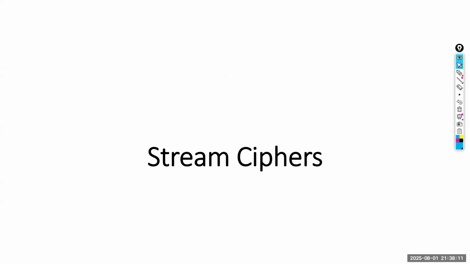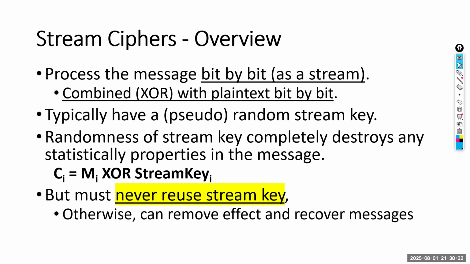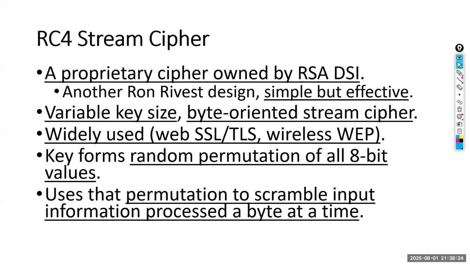Now we briefly look at symmetric key stream ciphers. Usually stream ciphers are weak and very hard to use. We will look at only one such cipher, that is RC4. Remember, RC5 and RC6 are block ciphers.